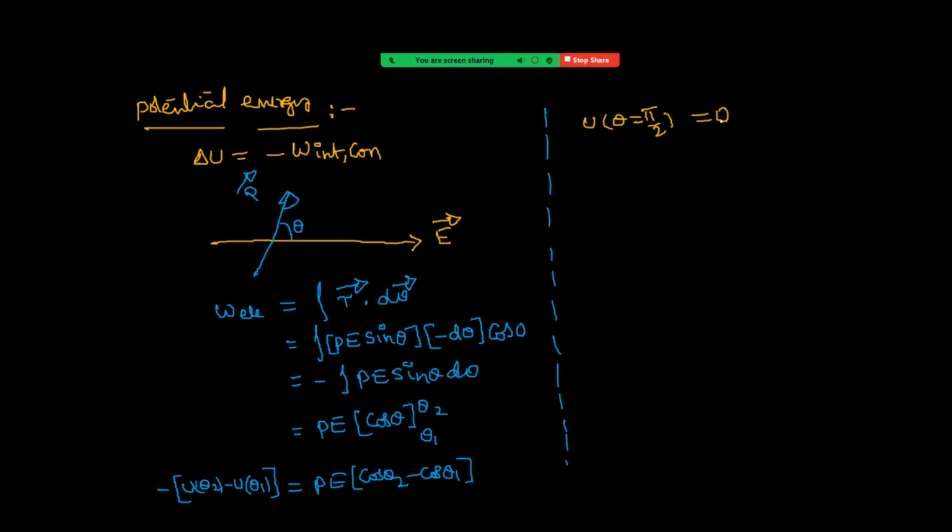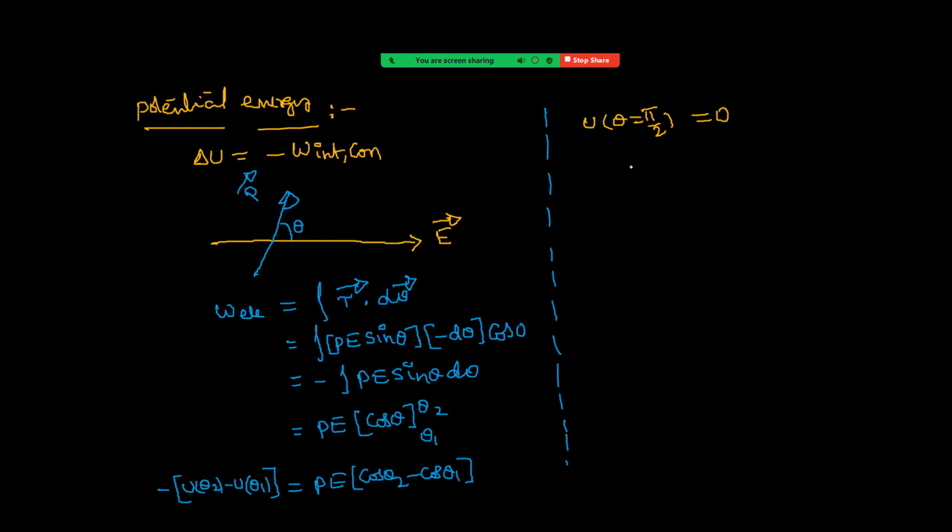See, what is the meaning of this? If the dipole moment vector makes angle 90 with the electric field vector, then for that system, potential energy is zero.